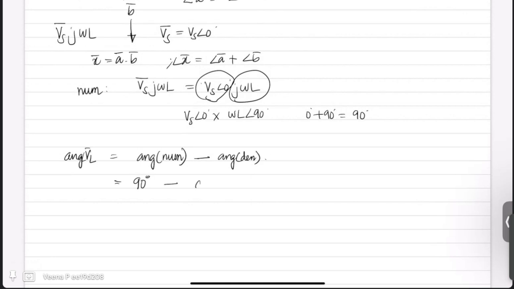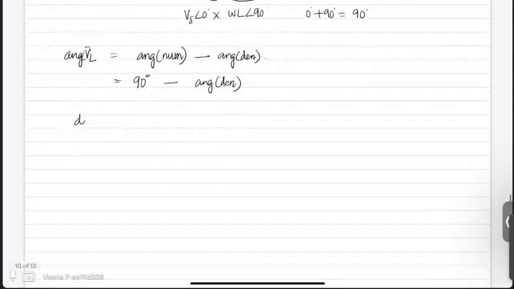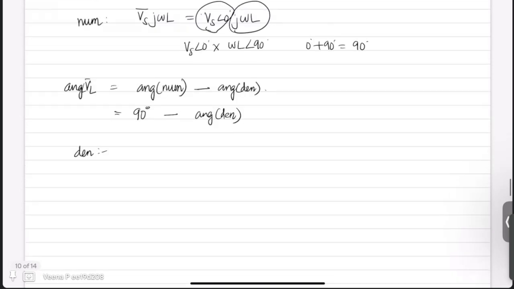Now angle of numerator we got as 90 degrees. Now what is the angle of denominator? The denominator is R1 plus j times omega L minus 1 by omega C. This is of the form A plus jB.